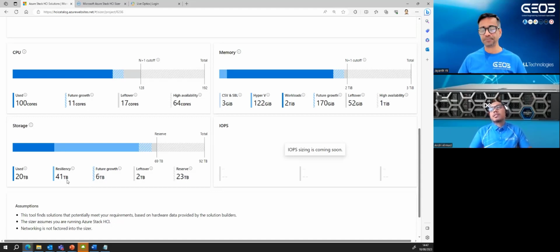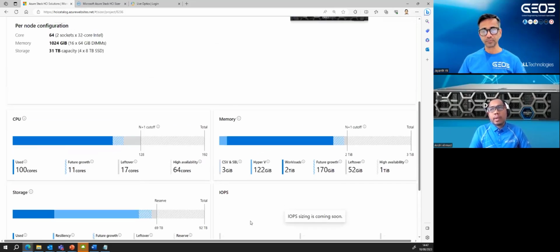Yep, that is correct. So there is a ratio in terms of cache capacity. How big should your cache be? The best practice is more than 10% between your cache size and your capacity size. So it's calculated per node.